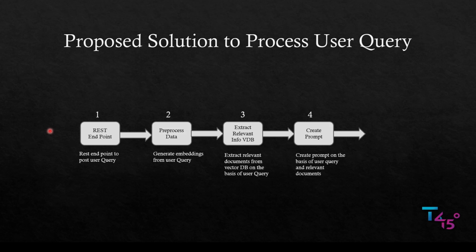And then we will create a prompt on the basis of the user query and the relevant documents we received in the previous step. And finally, we will feed that prompt to our LLM to generate the instruction on the basis of the user query.